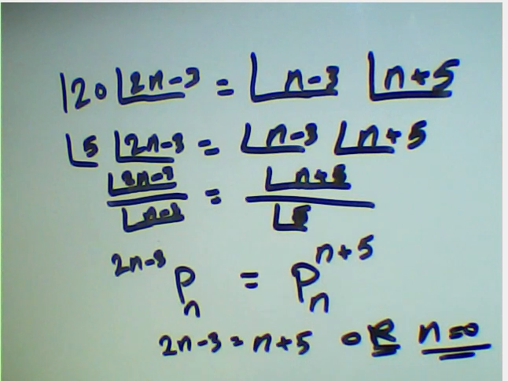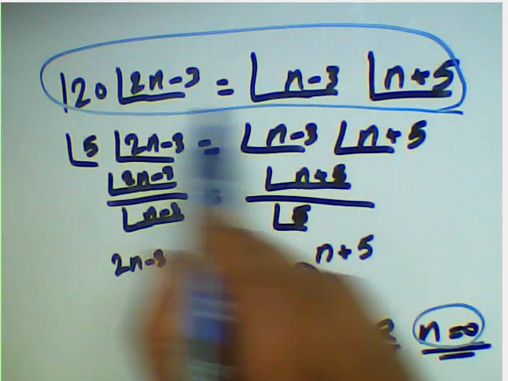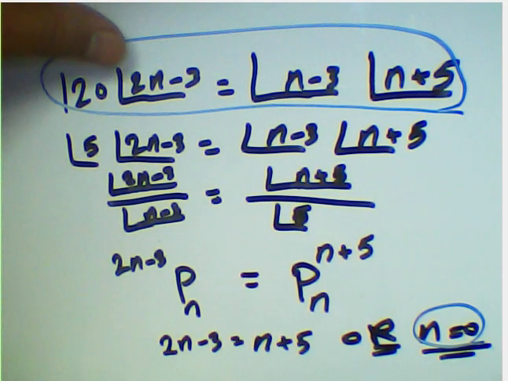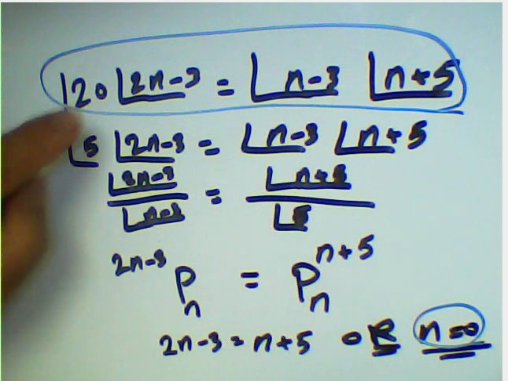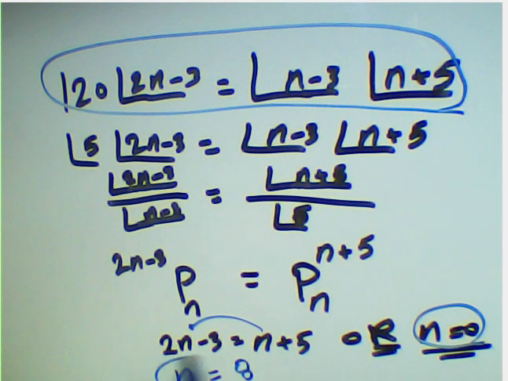So we refuse n equals 0, because if you put 0 in these factorials, the left hand side does not equal the right hand side. But we can find 2n minus n, it will be n, and 5 plus 3 equals 8, then n equals 8 in this example.